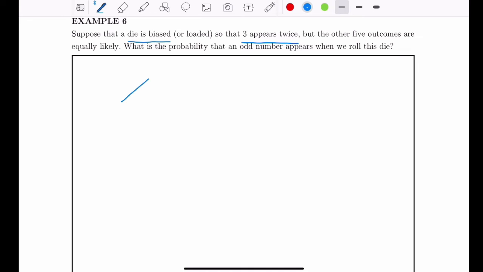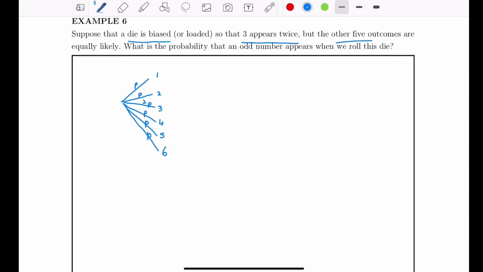Okay, so kita tahu kita ada 6 outcome. 1, 2, 3, 4, 5, 6. Okay, so kita tahu probability untuk dapat 3 ni 2 kali daripada yang lain. So, mungkin kalau yang lain tu probability dia P. Probability untuk dapatkan nombor 3 adalah 2 kali P lah.